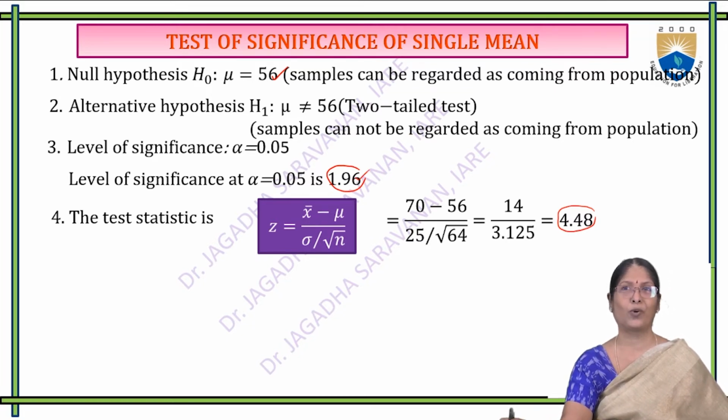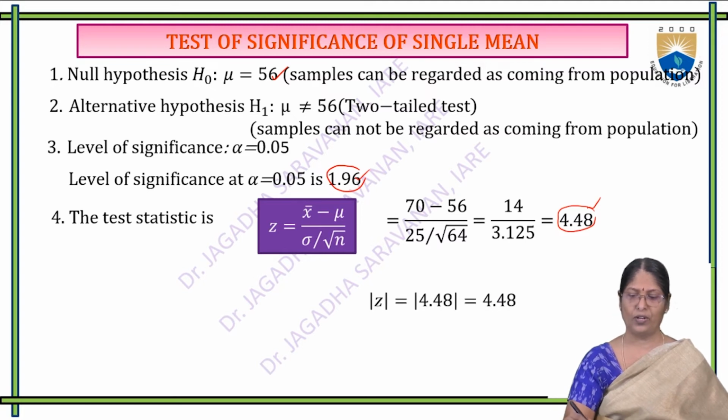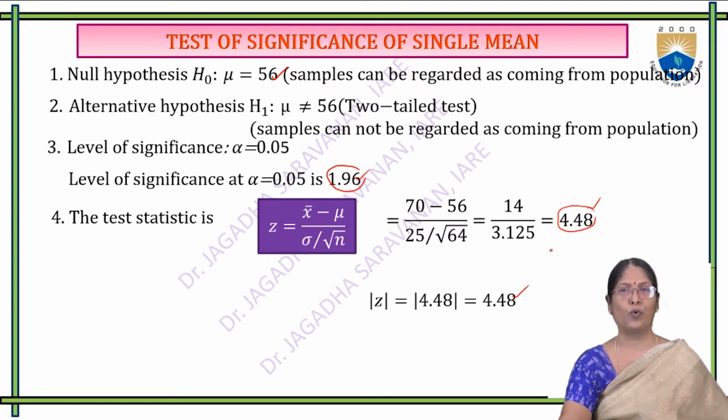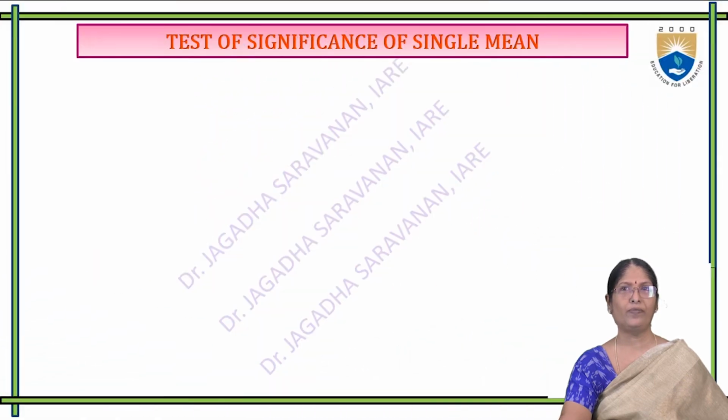But here it is at a lower level, that is 1.96. Our tabulated value is less than our calculated value. So the null hypothesis we are not in a position to accept, it is rejected. The modulus is equal to 4.48.